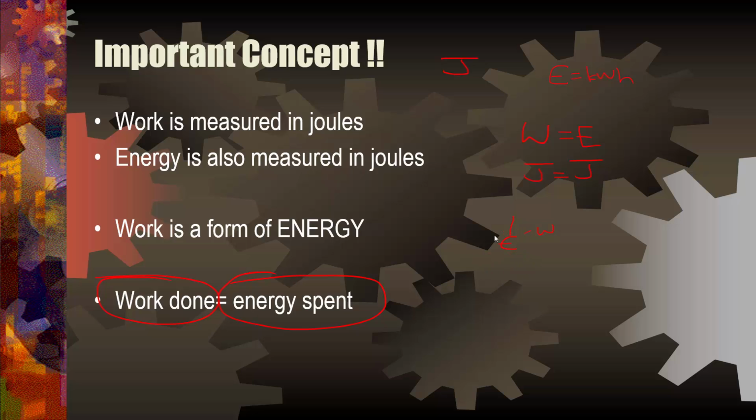It will become important. That's why I wanted to introduce it to you now. So for this lesson, just make sure you realize and memorize that work is the same thing as energy. Both are measured in joules when we're talking about mechanical energy. And when we're in electricity, energy is measured in kilowatt hours.